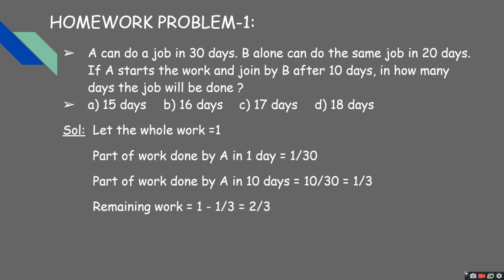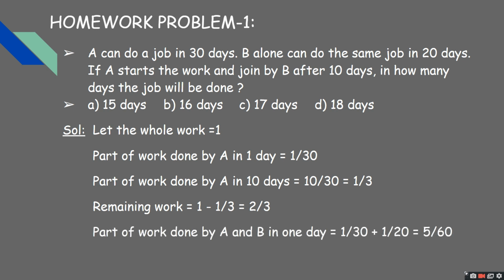From now, A and B are working together. So, calculate the part of work done by both A and B in 1 day, that equals 1 by 30 plus 1 by 20, which gives 5 by 60. 1 day's work is 5 by 60. The remaining work that has to be done by A and B is 2 by 3. So, for x days, the part of work done is 2 by 3.